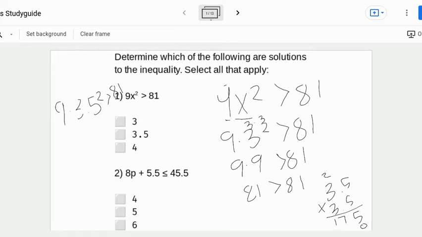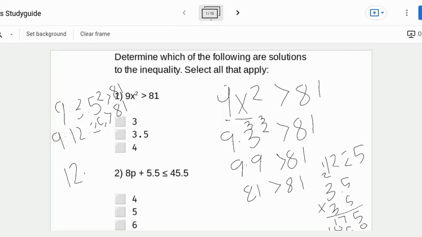Put a 0 placeholder. 3 times 5 is 15, 3 times 3 is 9, plus 1 is 10. Sorry, we're running out of room. So we add those and we get 5, 7 plus 5 is 12, carry our 1. And we got 2 decimals, so 12.25. So we have 9 times 12.25 is greater than 81.